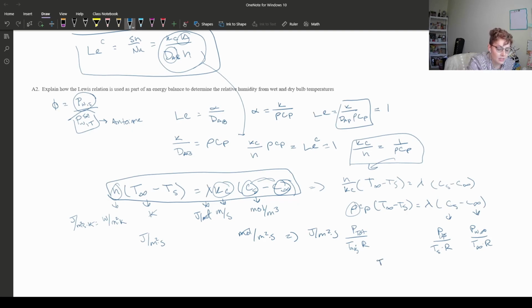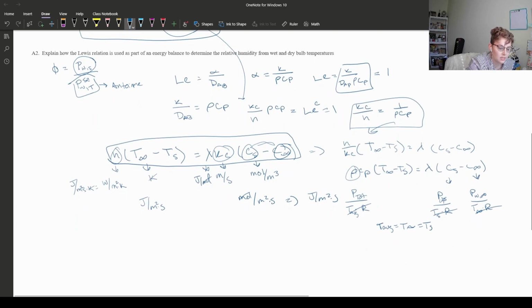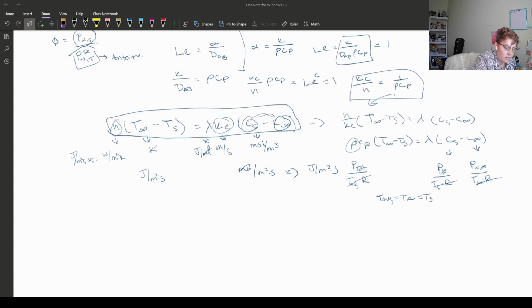So we can go ahead and assume that these values are approximately equal to one another, which will allow us to cancel out these bottom parts of the units, which will give us our final relationship as the total pressure times the heat capacity times the difference in temperatures is equal to the heat of vaporization times the difference in the pressure at the surface minus the partial pressure of water in the environment.